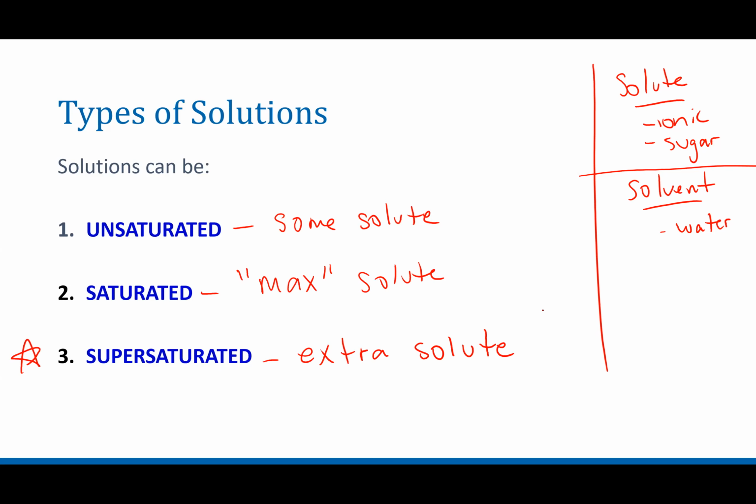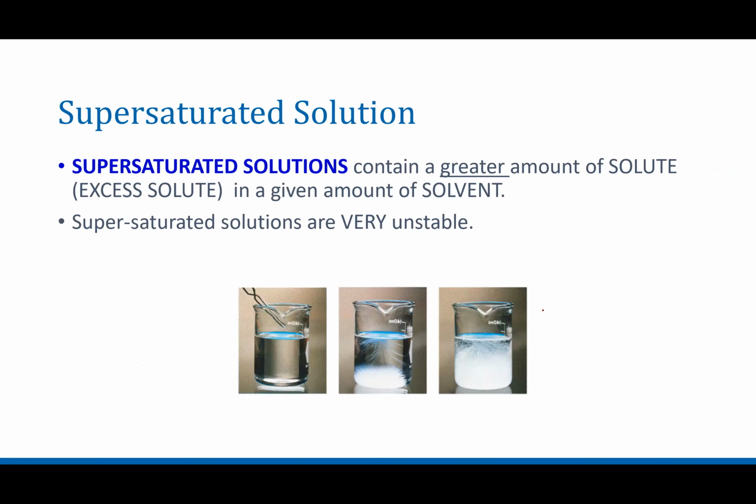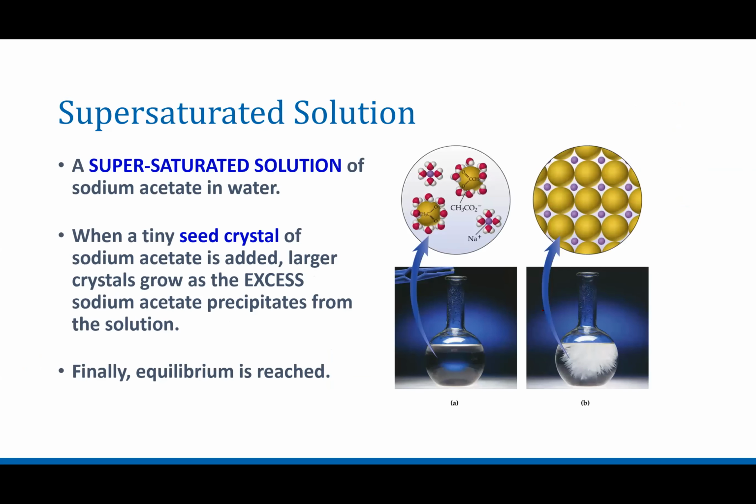In order to get extra solute, you typically need to modify the experiment. You need to heat up the water, add extra solute, then cool it down. So these are three different types of solutions. And I'm going to show you a cool video in a minute, but let me get to the new part of today, and I'll show you a really cool video.